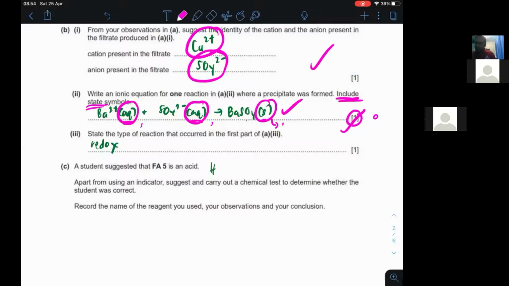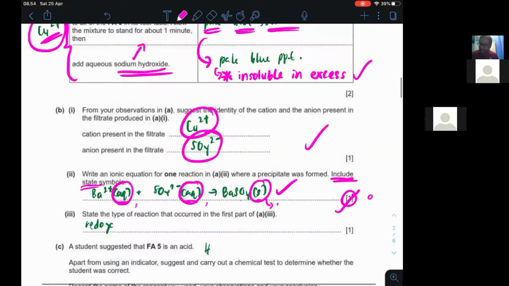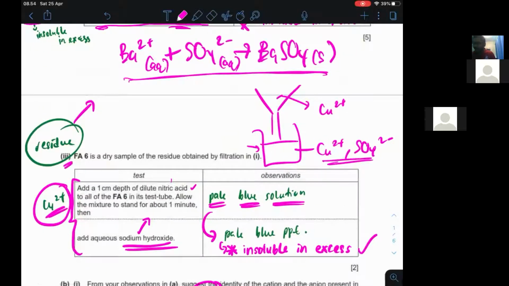Okay, next question. State the type of reaction that occurred in the first part of A3. So what I can suggest might happen over here is, I know it's going to be a pale blue solution. Pale blue solution is copper 2 plus.